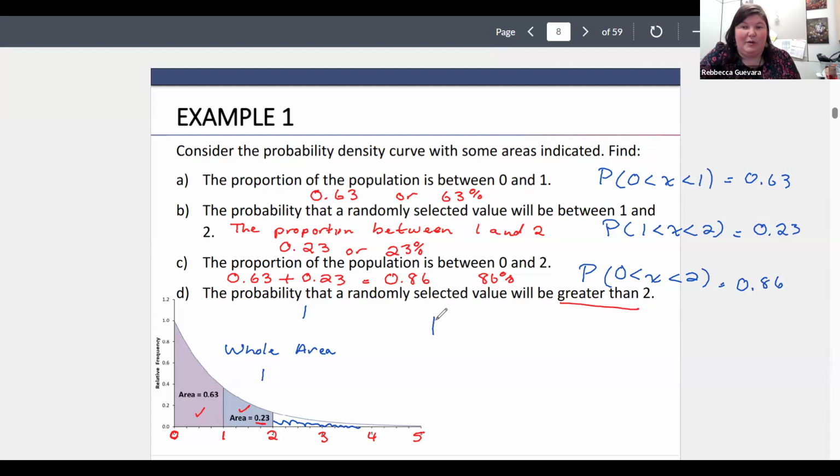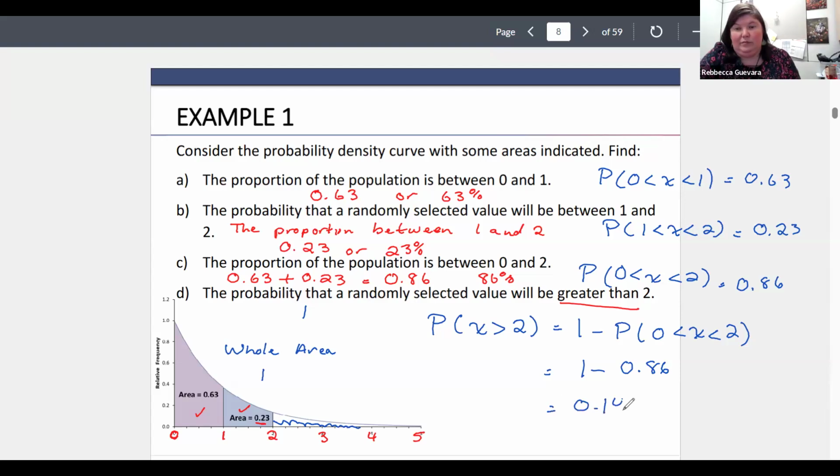So if I want the probability that x happens to be greater than 2, all that means is I take 1 and get rid of the probability that it's between 0 and 2. We get 0.14. So it's a 14% chance that we have a value greater than 2.